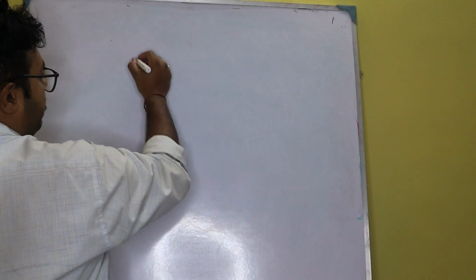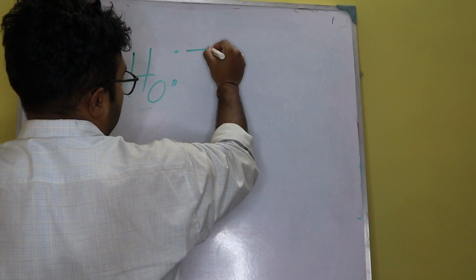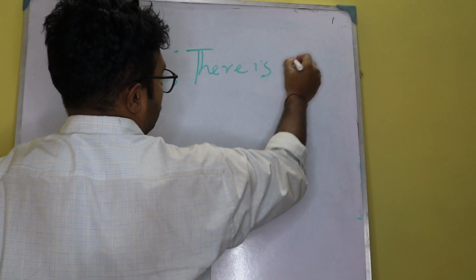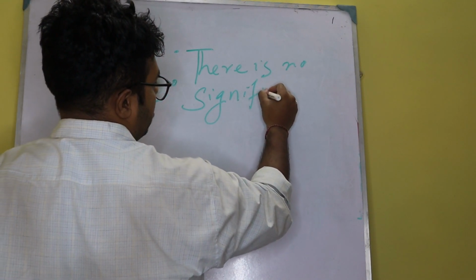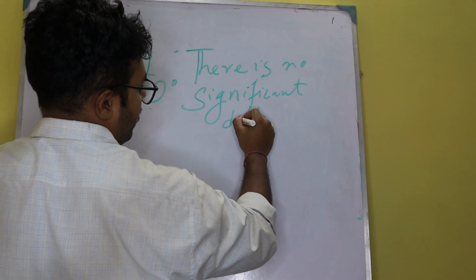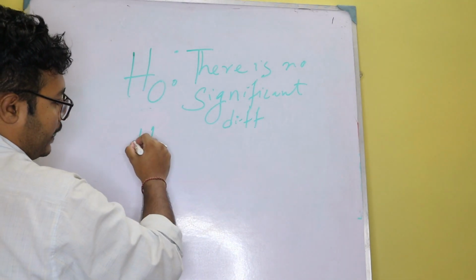So, now the null hypothesis for this test is there is no significant difference. This is the null hypothesis of the test. And what will be the alternative hypothesis?